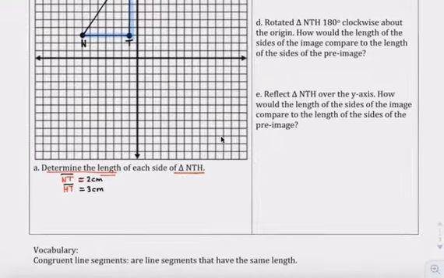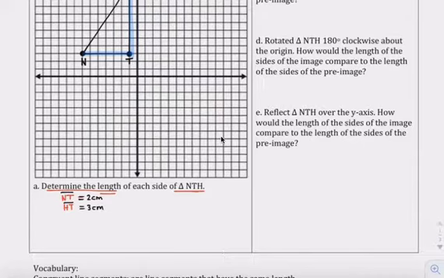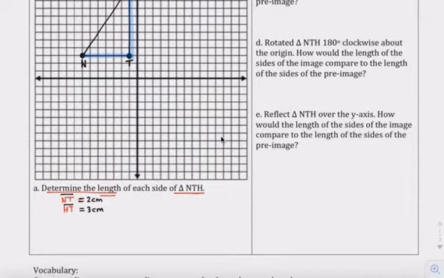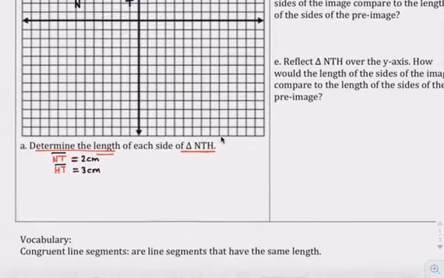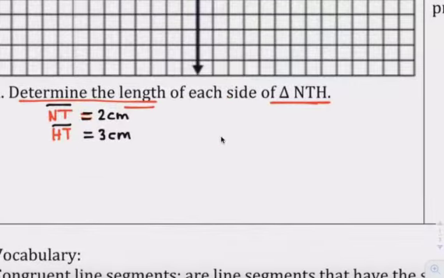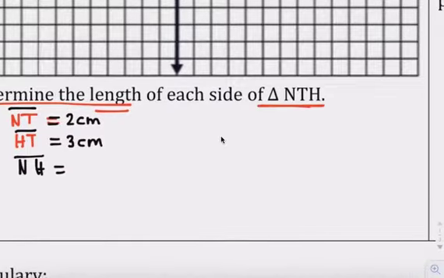Now we can find the measurement of NH by using the Pythagorean Theorem. A squared plus B squared equals C squared, or we can measure it. Let's measure it.